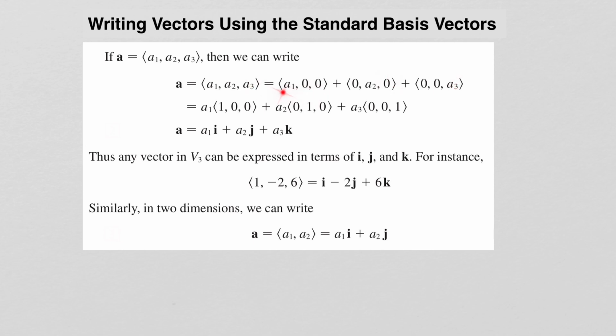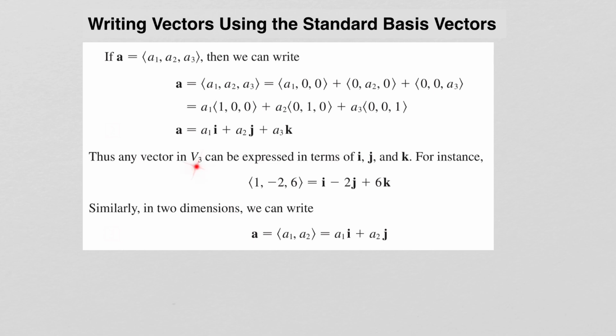Well, the vector here, a1, 0, 0, if you factor out the a1, you can think of it as a1 times 1, 0, 0. Well, 1, 0, 0 is the standard basis vector i. Likewise, we can do the same thing here. If we factor out the a2, we can think of this as a2 times j. And same idea here. This becomes a3 times k.